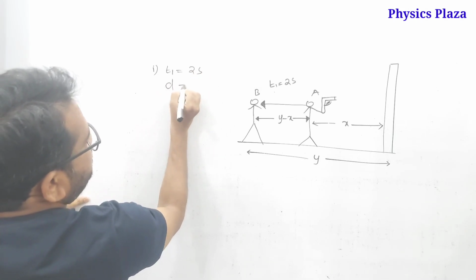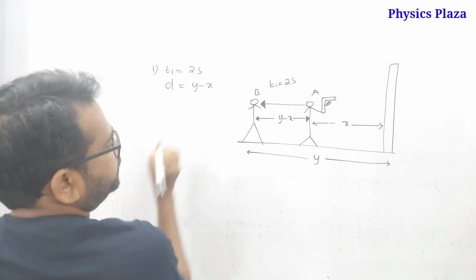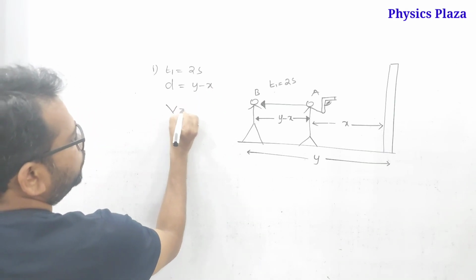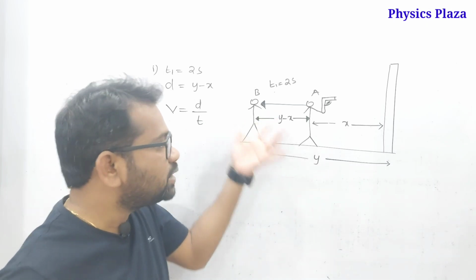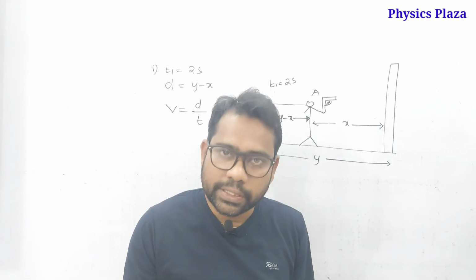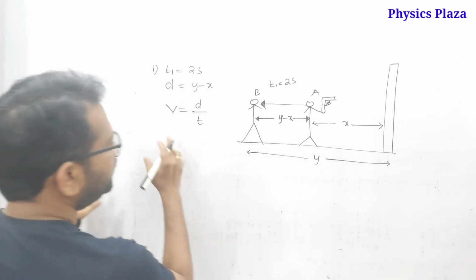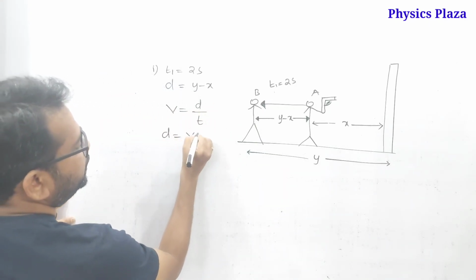The distance is how much? y minus x. Here you use v is equal to d by t, because it is not an echo first of all. The person is hearing a direct sound. We know that speed is equal to distance by time, so v is equal to d by t, and from this, d is equal to vt.